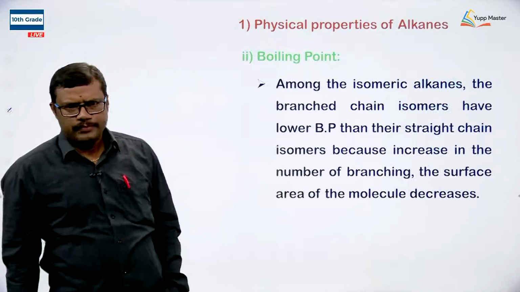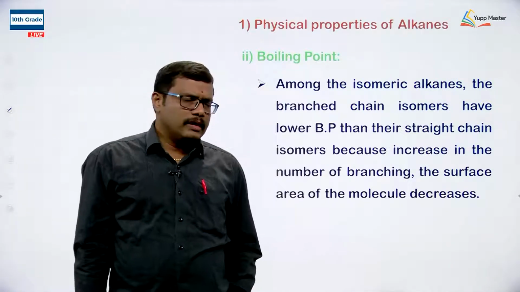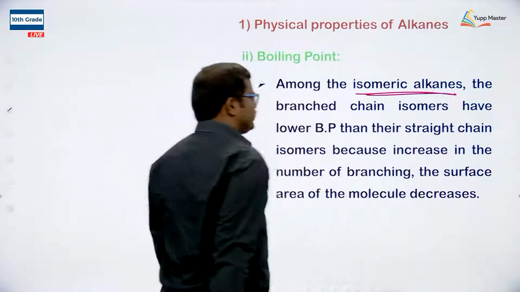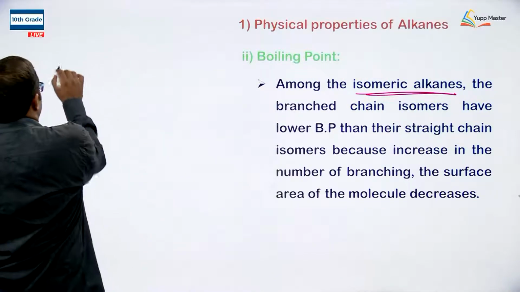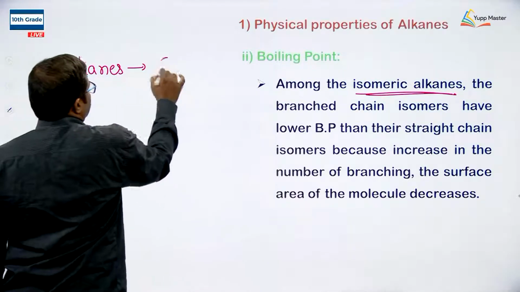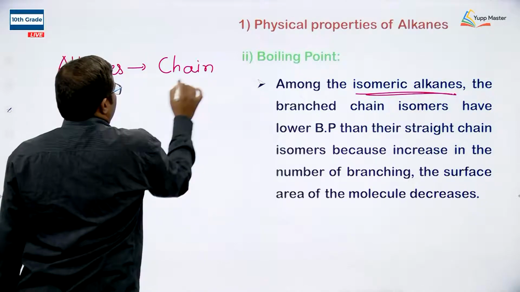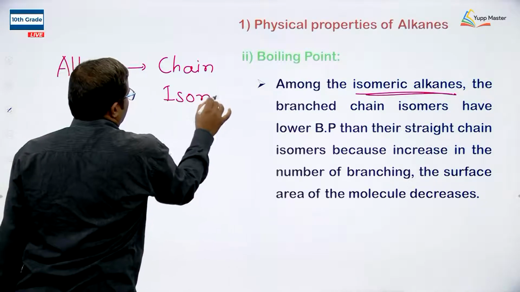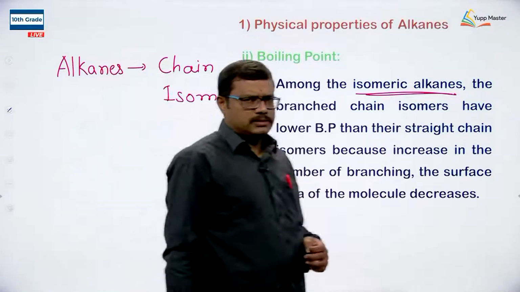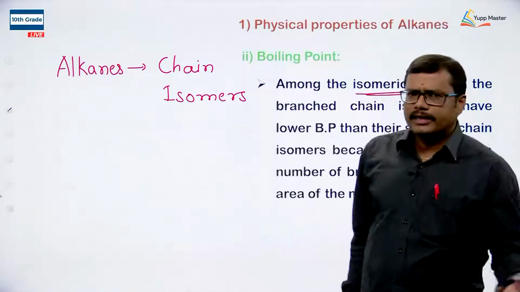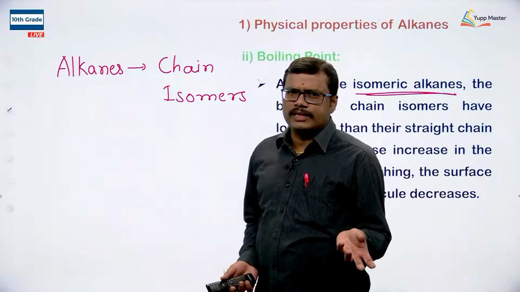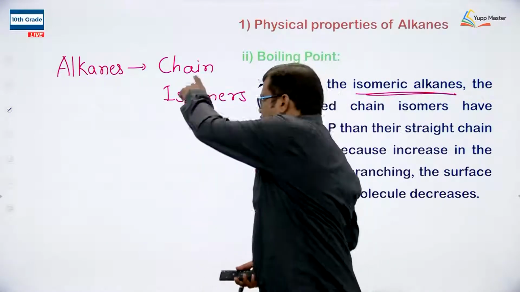Okay, right. Moreover, consider isomeric alkanes, that is, alkanes which have isomers. Only one kind of isomerism is possible in the case of alkanes. What is that? That is chain isomerism.